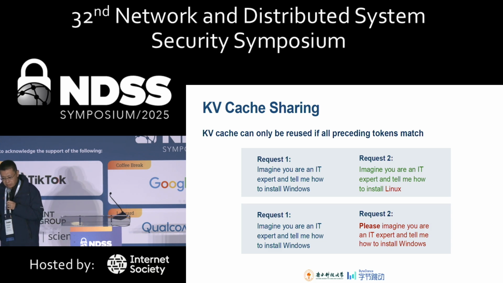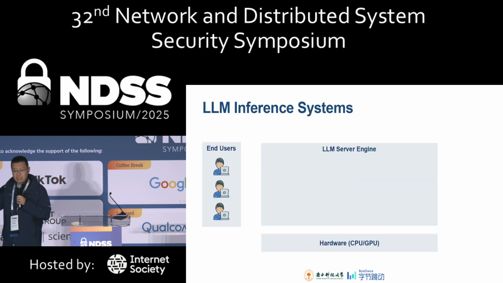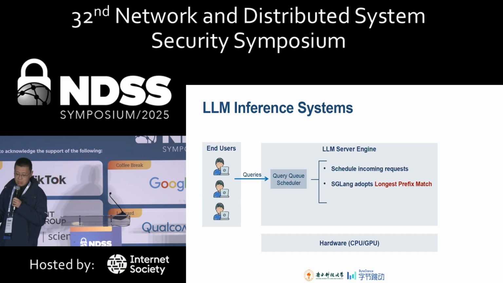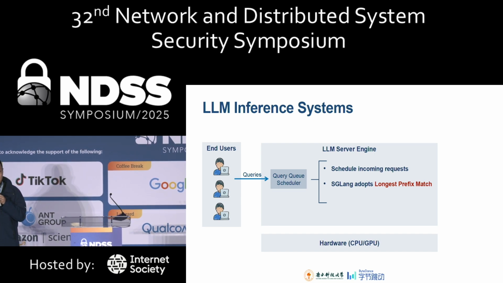That's the problem. Basically, the large language model inference system works like this. The end users send requests to the LLM server engine, and the first component within that engine to handle the request is called the query queue scheduler, which is similar to many of the schedulers in operating systems.